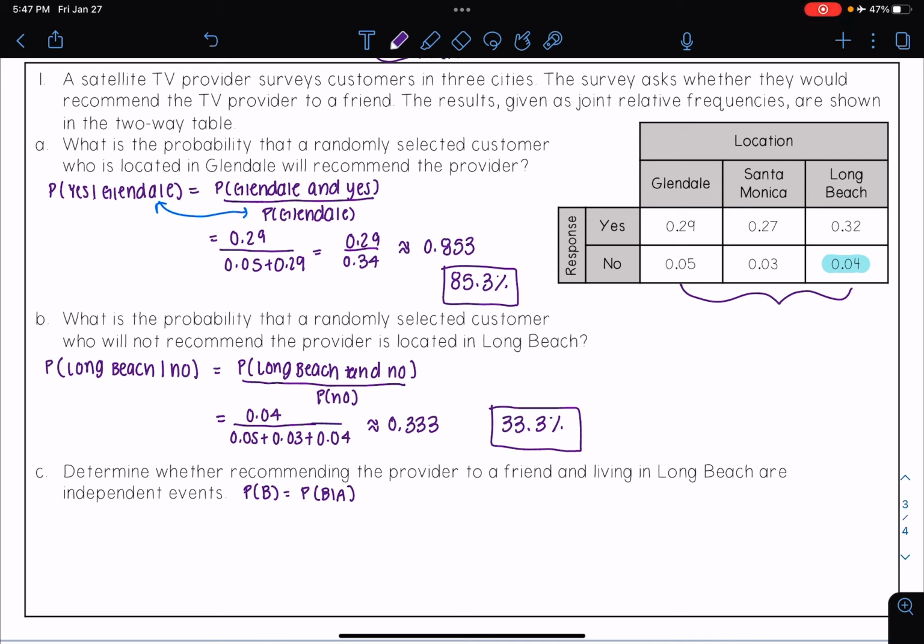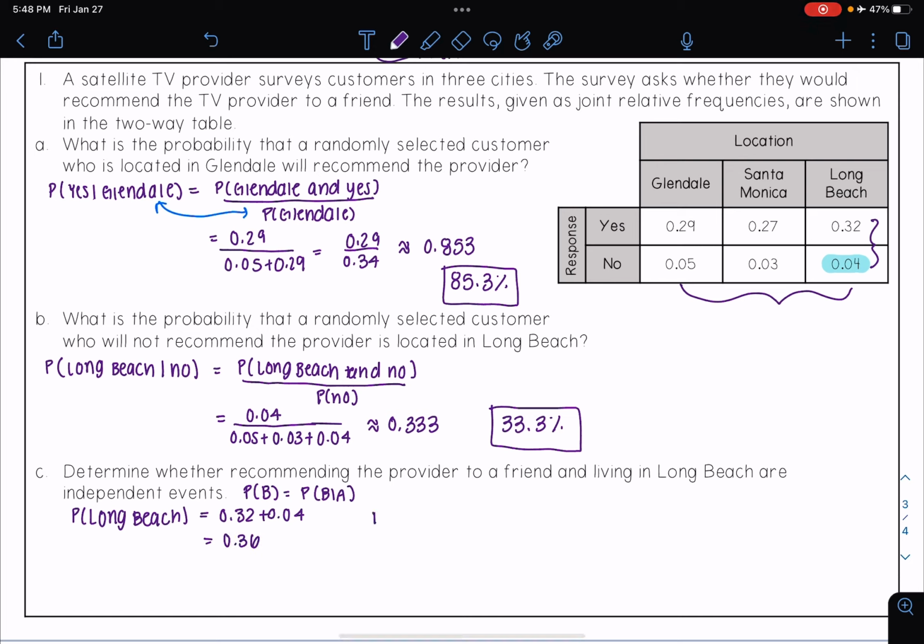So we need to compare the probability of Long Beach to the probability of Long Beach given yes. First, the probability of Long Beach is just going to be the sum of that column. So 0.32 plus 0.04, which is equal to 0.36.